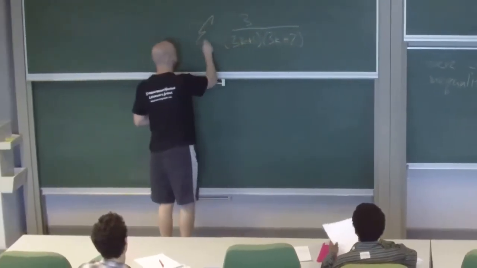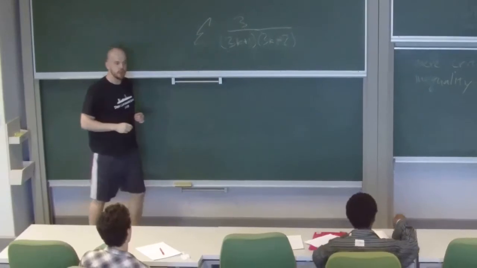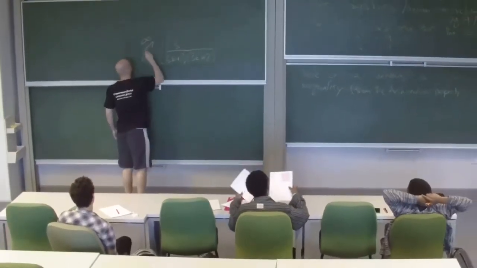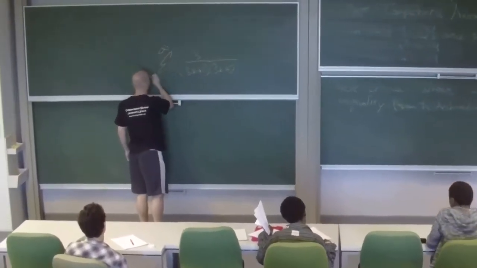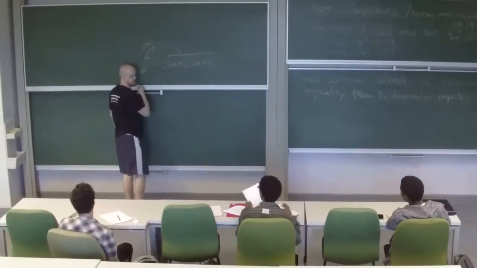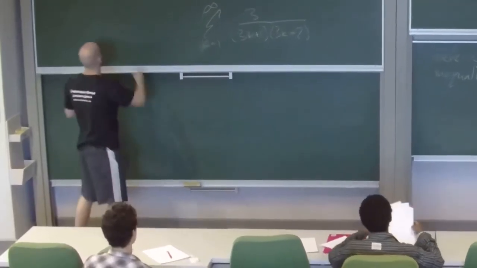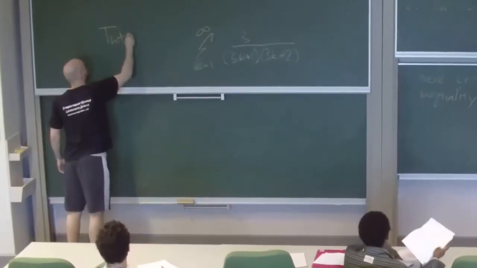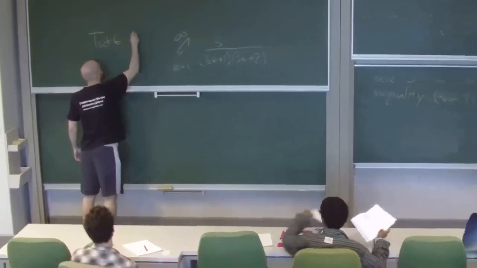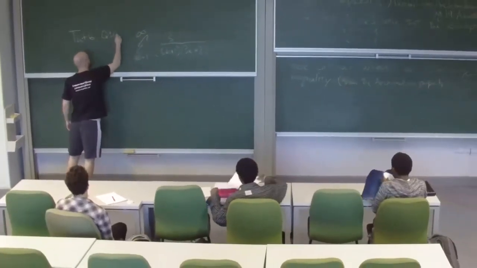Did we talk about this last time? I don't remember. We didn't. Okay, and was k going from 1 or 0? 1. All right, I'll write this up: tutorial 6, question 1A.